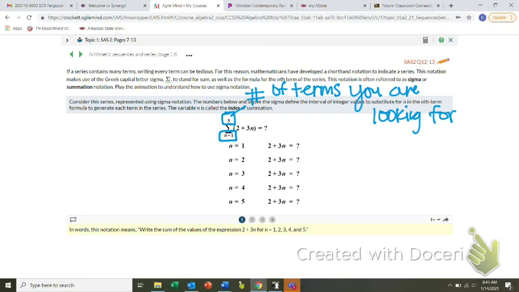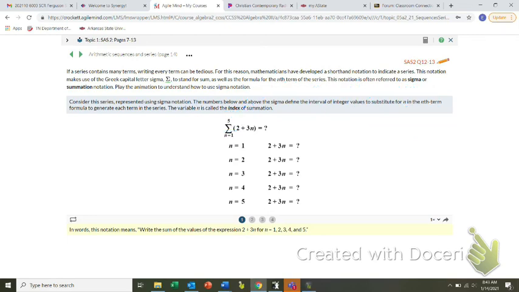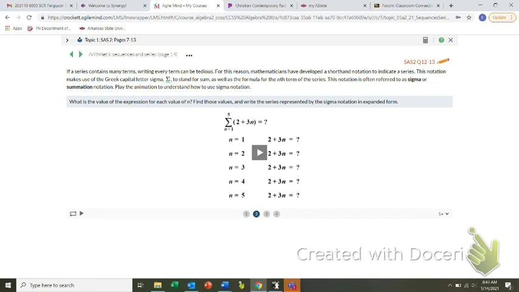All right, so now all you do is plug in the numbers. So I'm going to go ahead and hit play, or hit 2 for me, and it'll show you when you plug in a 1, you get out a 5. You plug in a 2, you get out an 8. You plug in a 3, you get out an 11.